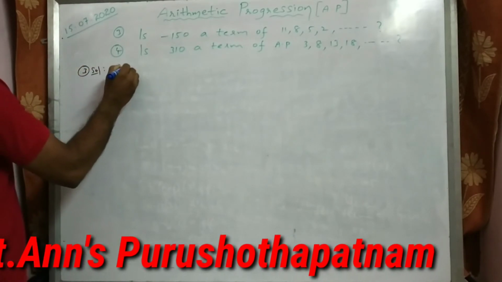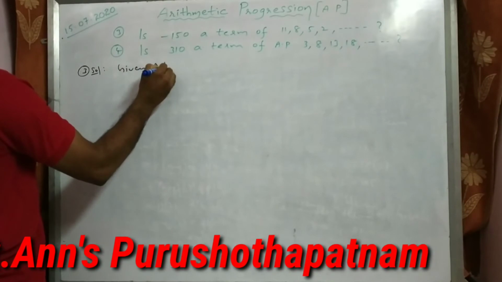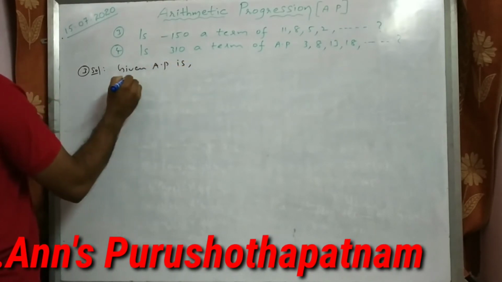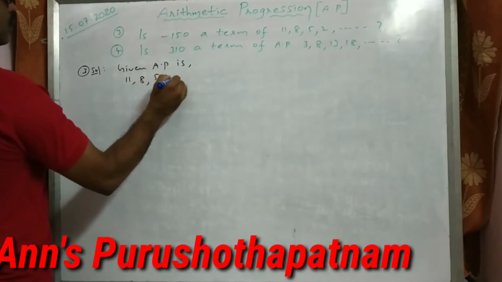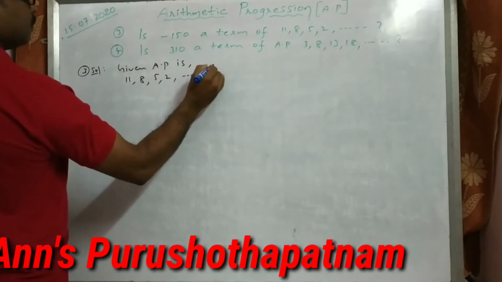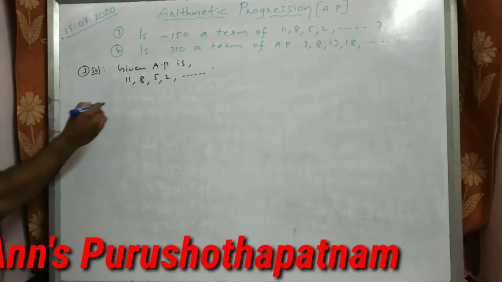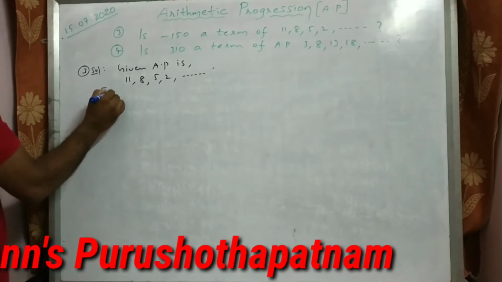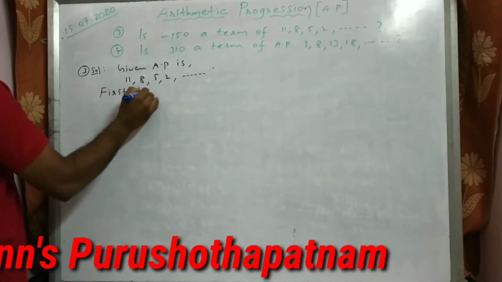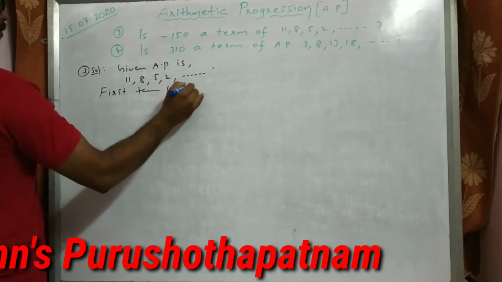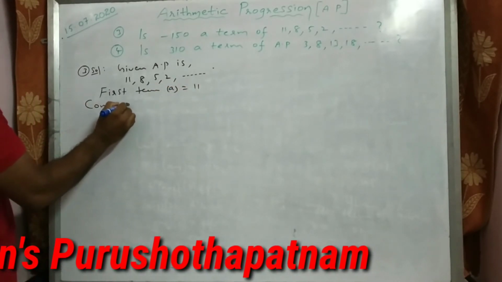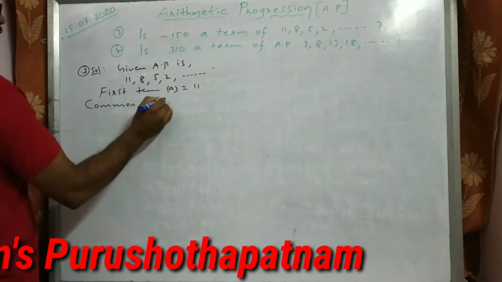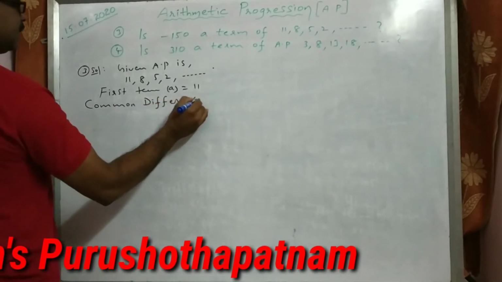What is the given AP? 11, 8, 5, 2, and so on. The first term of the AP is 11. What is the common difference?